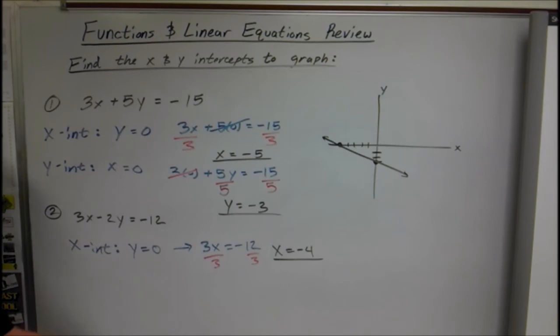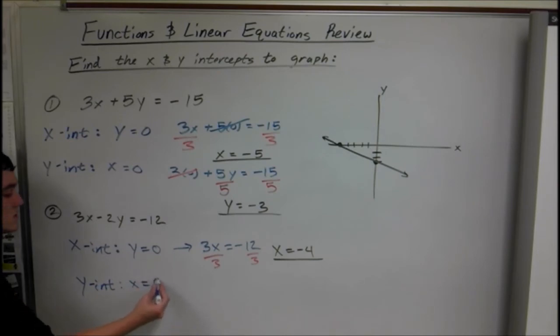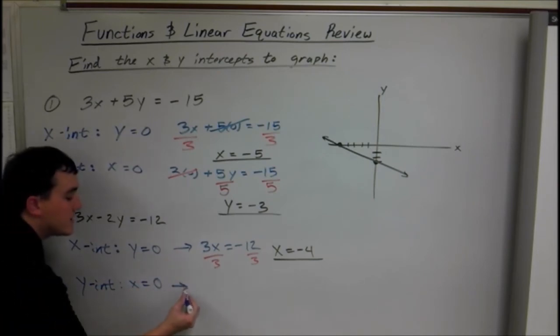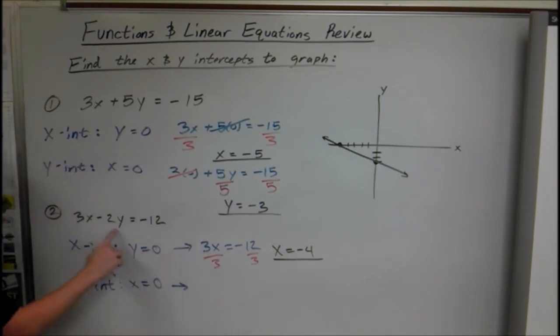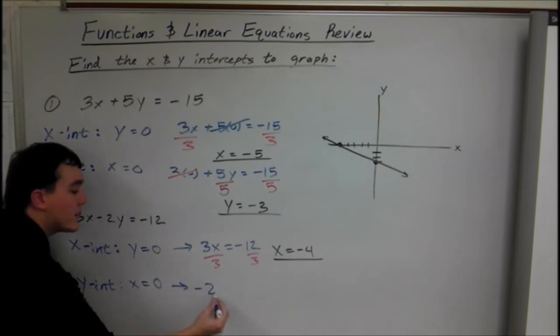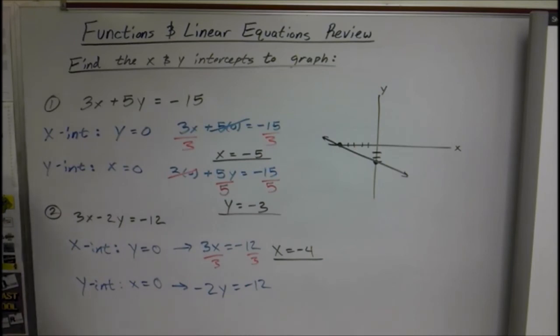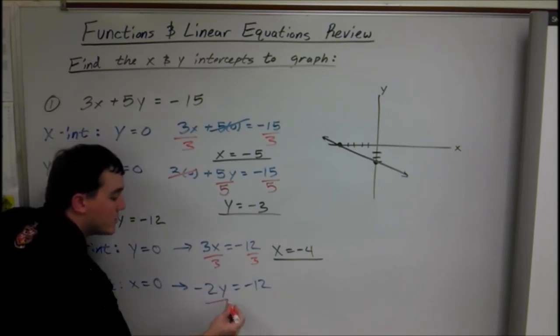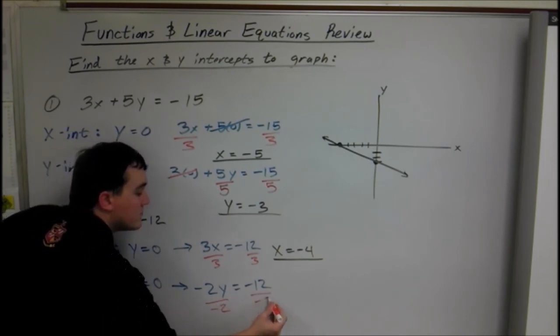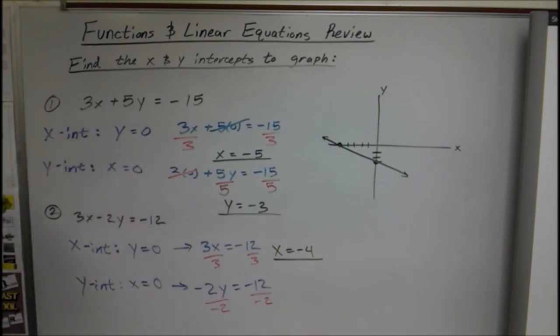And the y-intercept? Same case, but x equals 0. So that makes the equation, x term disappears, we have -2y. Don't forget your negative. Equals -12. To solve, since we're multiplying, do the opposite and divide by -2. And that'll give us our y-intercept.